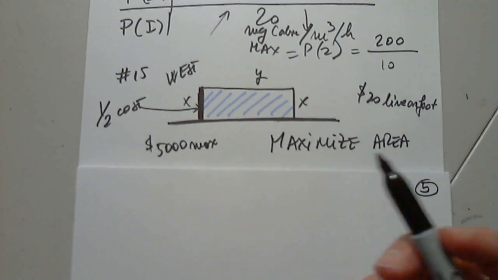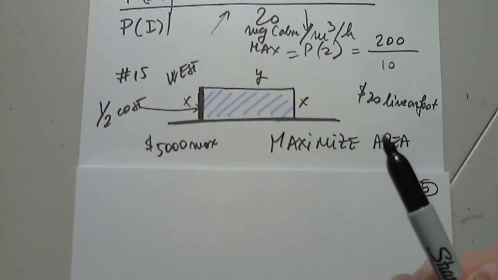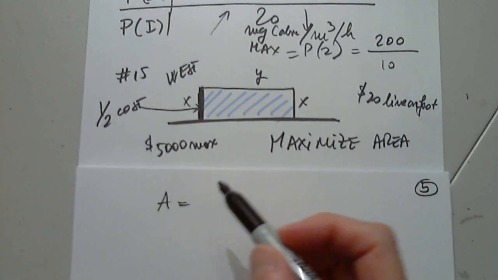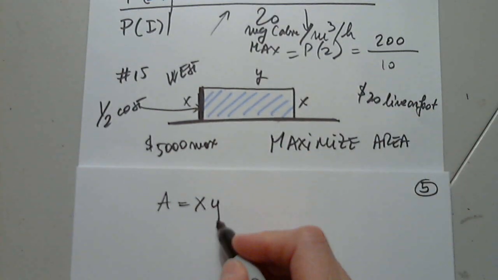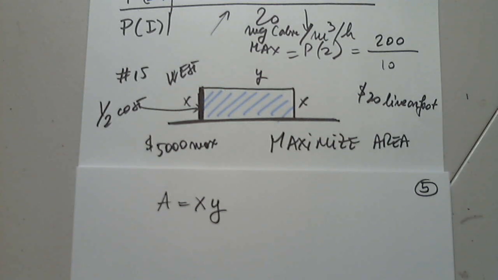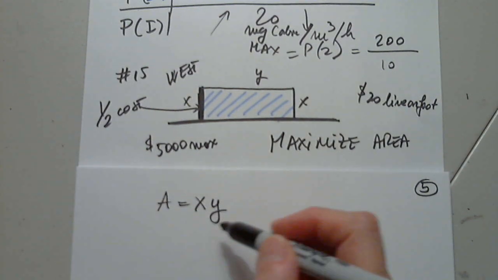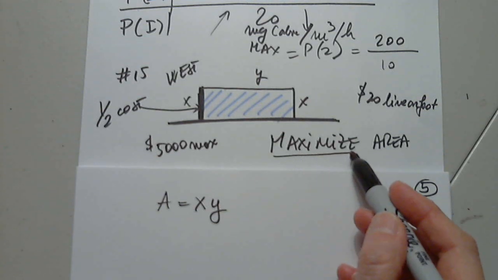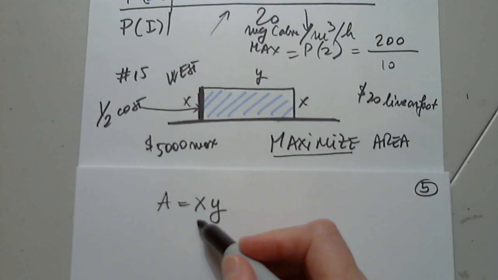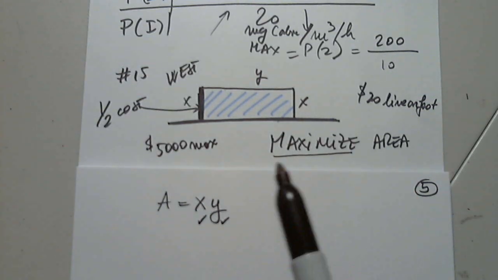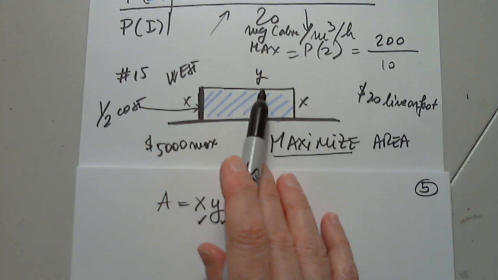So first of all, the area of this rectangular plot must be x times y. Now we do have some constraints here, and this is the function that we want to maximize. However, we see two variables. We see the width and the length.